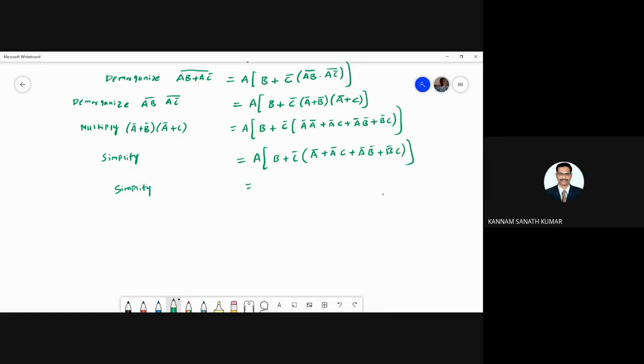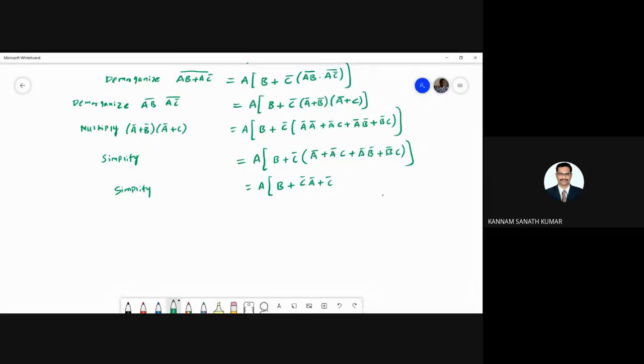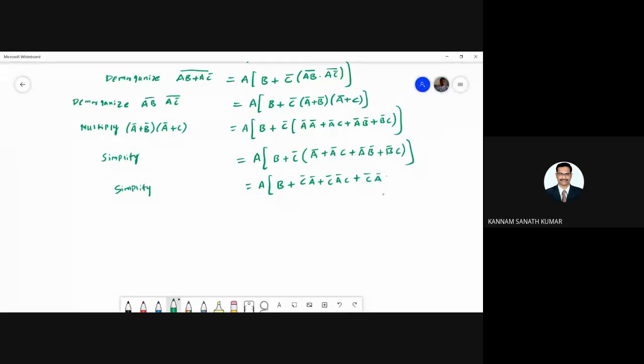I'm multiplying C̄ with the whole terms: C̄ A bar plus C̄ A bar C, A bar B bar plus C̄ B bar C.